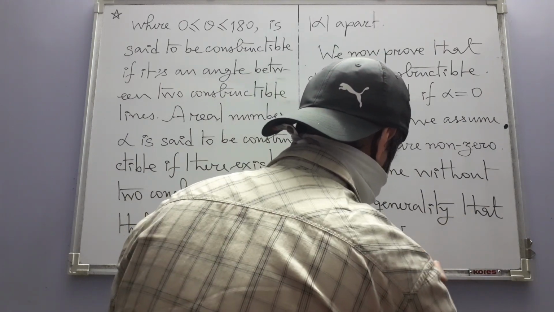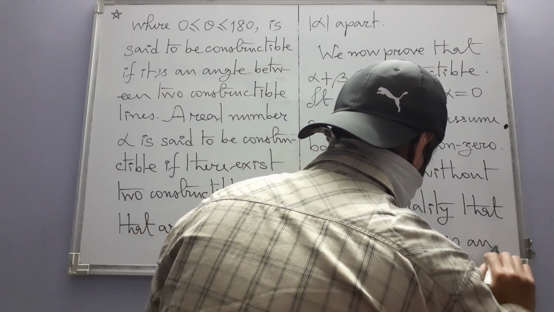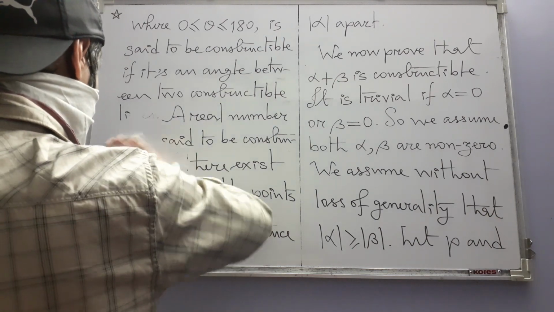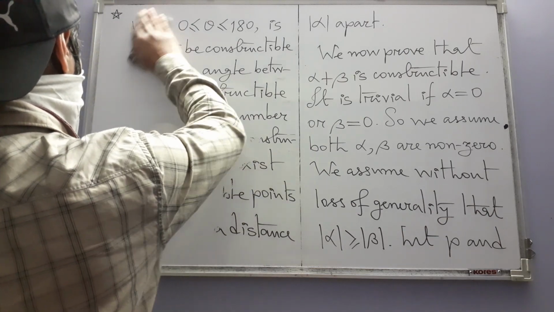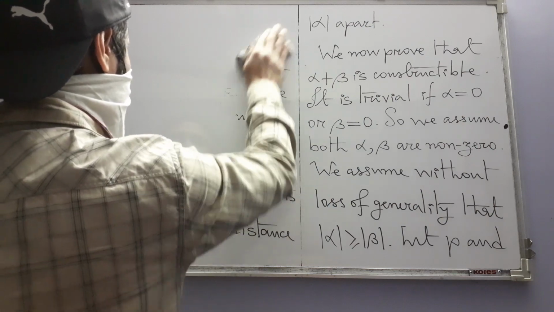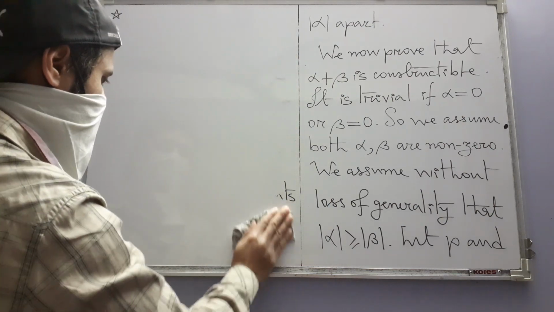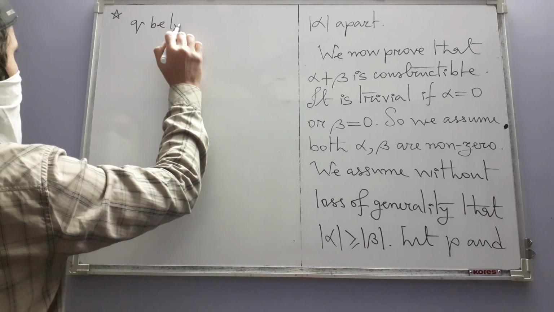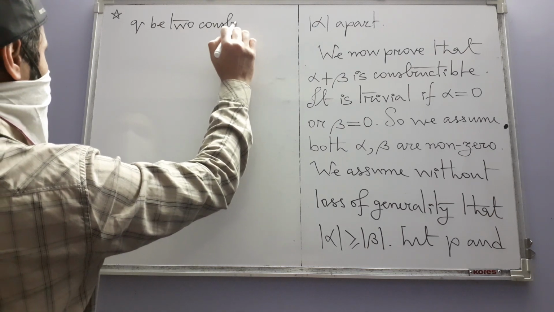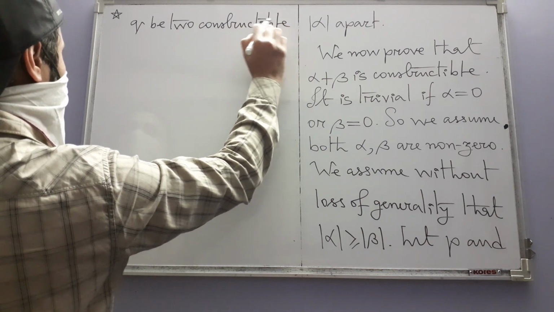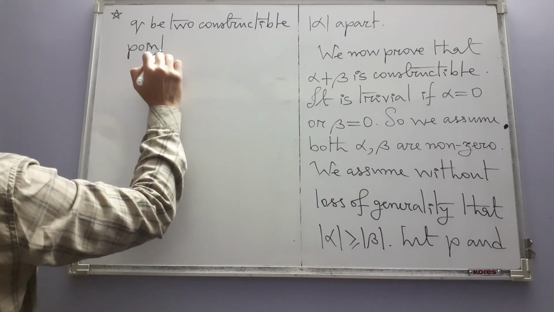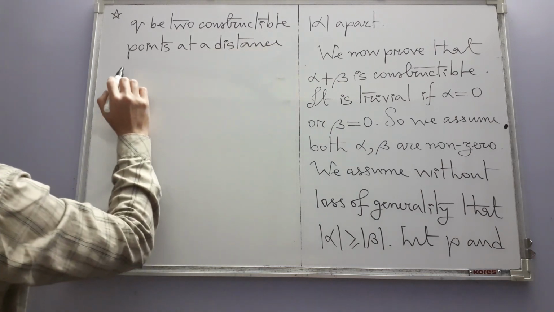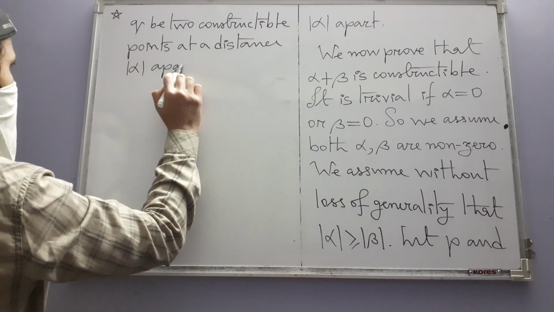Okay, now let small p and small q be two constructible points at a distance absolute value of alpha apart.